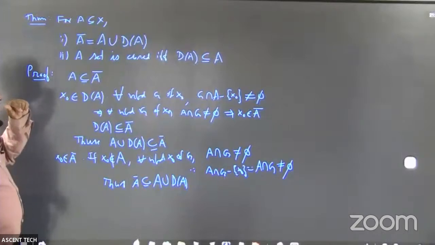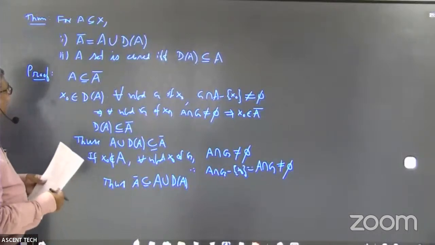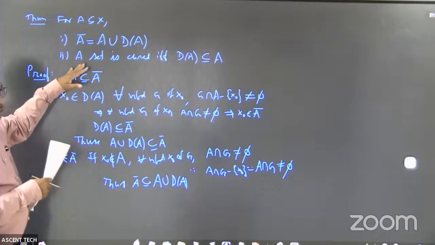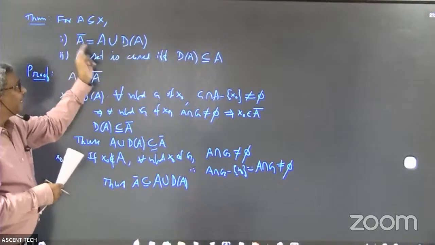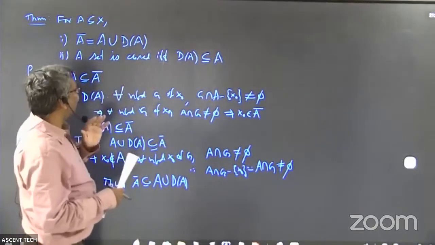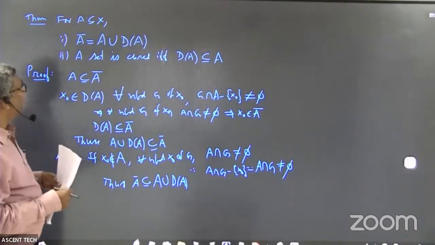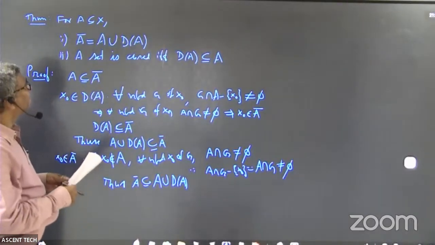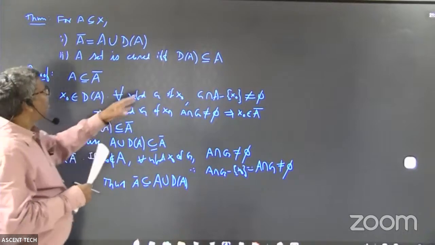A set A is closed if dA is contained in A. I think that is very clear now. I just realized that if A is closed, then A bar is A union dA. Therefore, dA is contained in A.